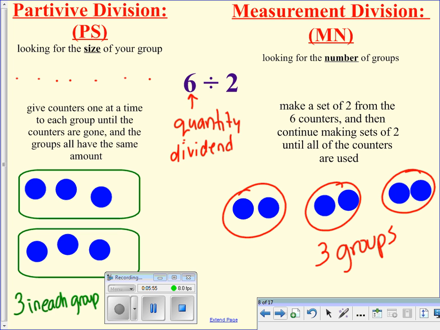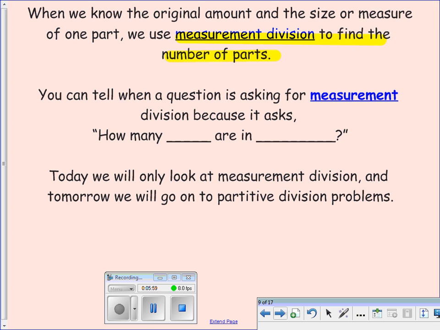Okay? So now that we know the 2 types of division, today we're going to focus on measurement division. So you can highlight at the bottom of your note page. When we know the original amount and the size or measure of one part, we use measurement division to find the number of parts, the number of groups.